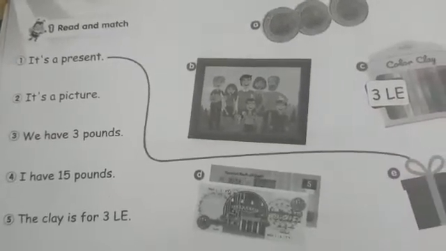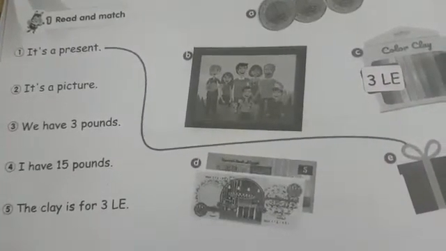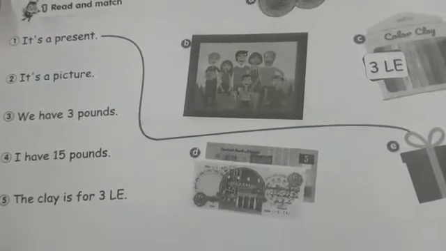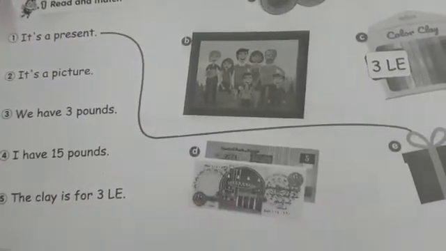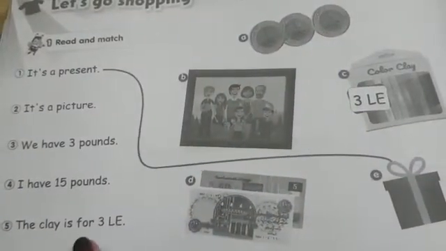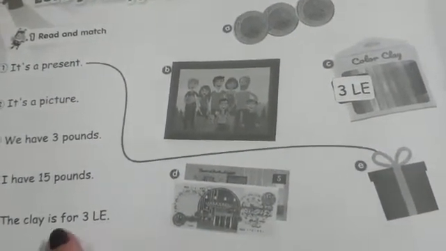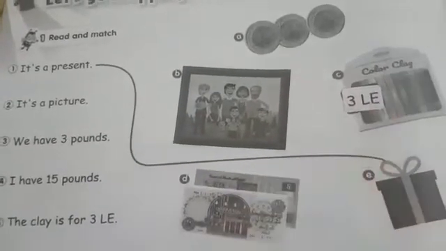So we are going to match number 3 with letter C. I have 15 pounds. Number 4, we are going to match it with D. I'm so sorry. We have 3 pounds, 3A. The clay is for 3 pounds or 3LE, C. Number 5, C, okay?